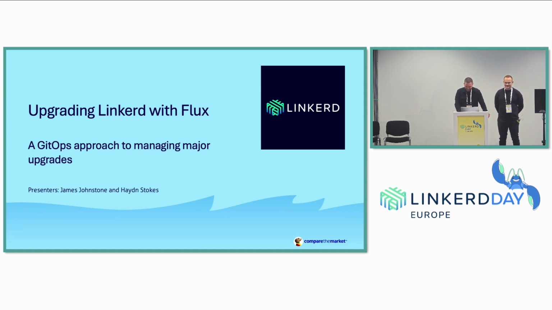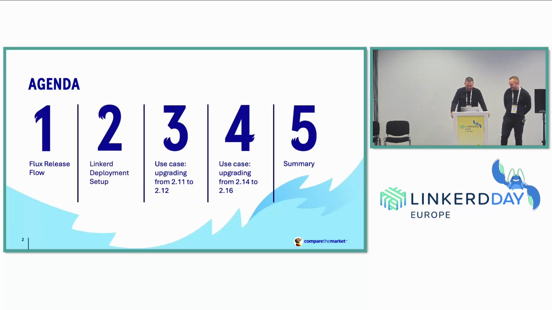Let's take a quick look at our agenda. So we'll start with an overview of the Flux release flow, showing how we automate deployments and upgrades in our Kubernetes environment. Then we'll go on to the Linkerd deployment setup, covering how we integrate Linkerd into our GitOps workflow. Next, we'll dive into two real-world use cases, the first being the upgrade between 2.11 and 2.12, highlighting key challenges and solutions.